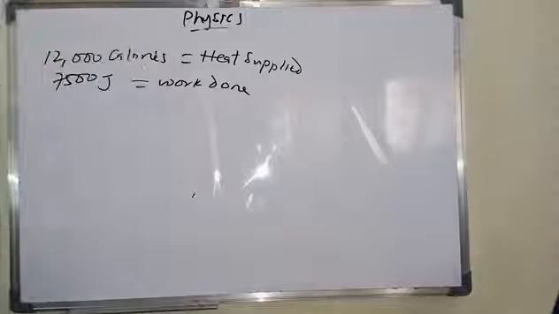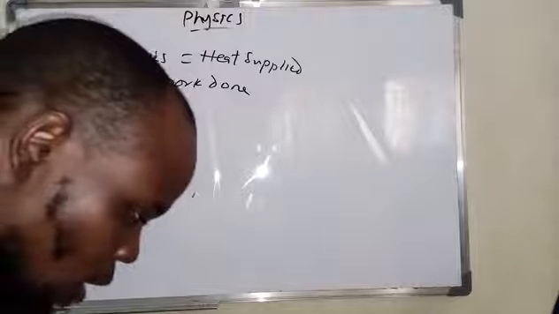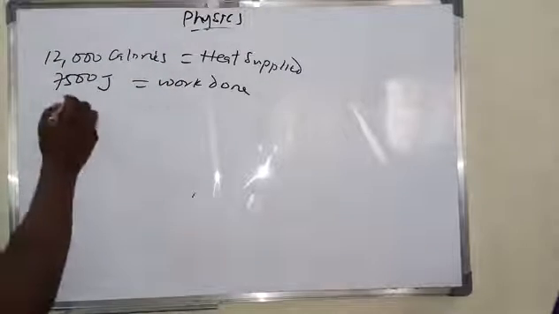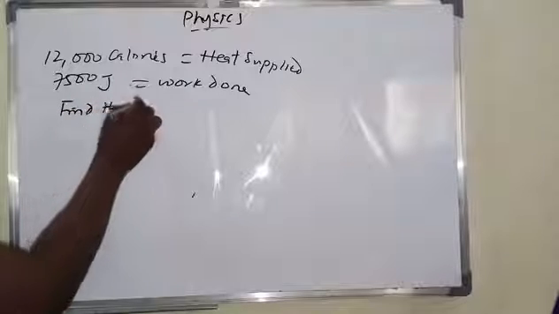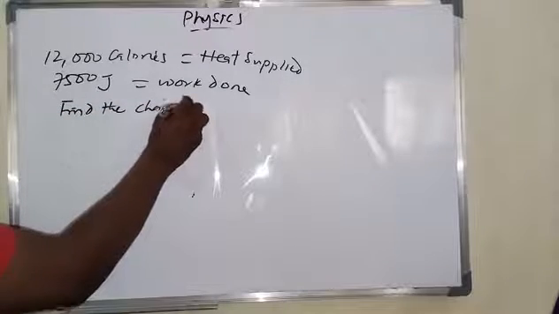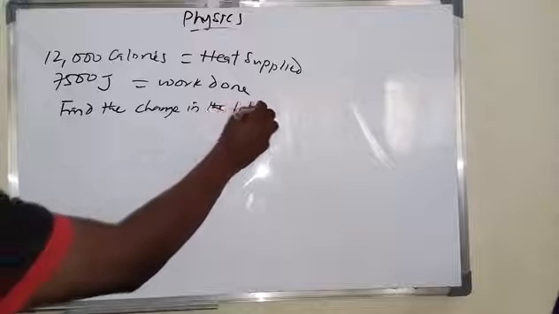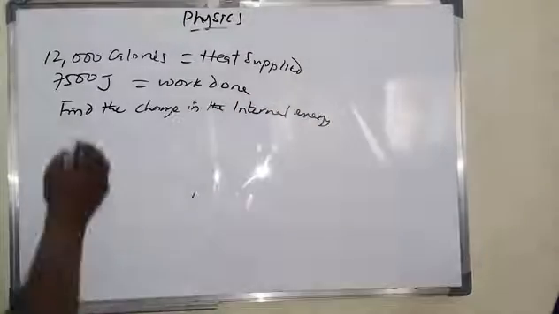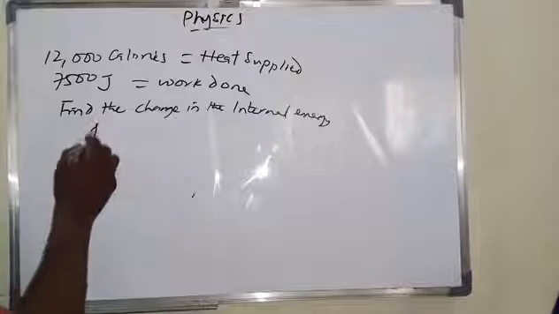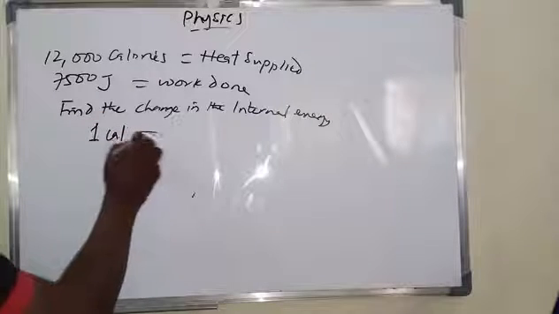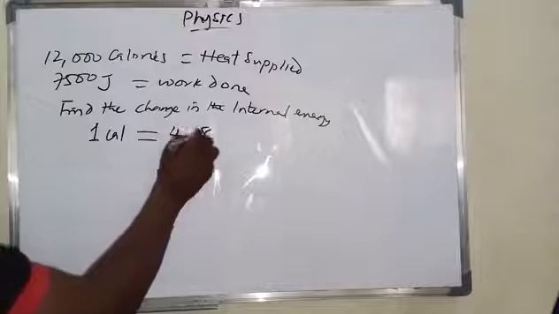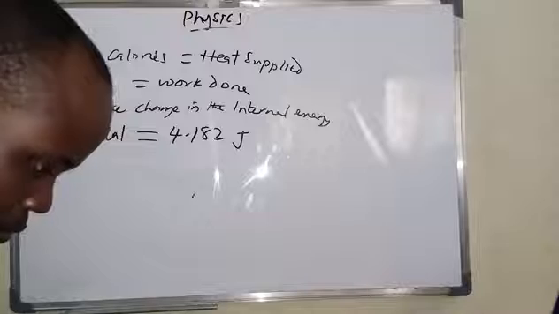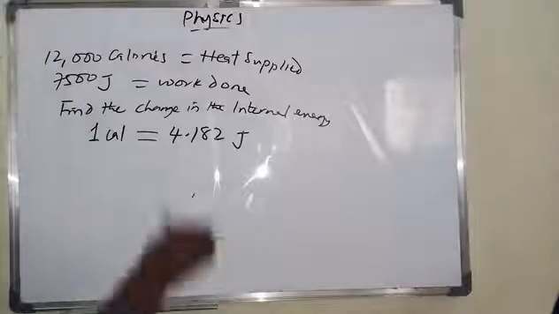The question is, find the change in internal energy, given that 1 calorie is equal to 4.184 joule.